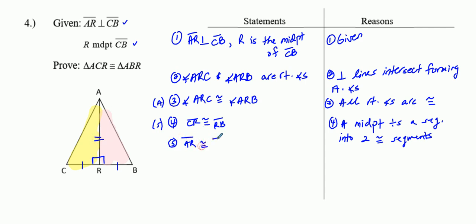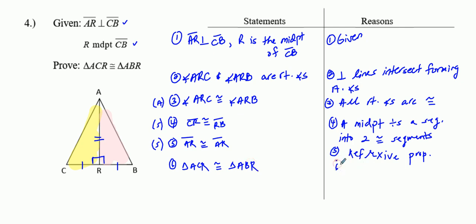So I'll say that AR is congruent to itself by the reflexive property. And that's another pair of sides in the two triangles. So now, based on the diagram, the triangles would be congruent, and that would be by side angle side.